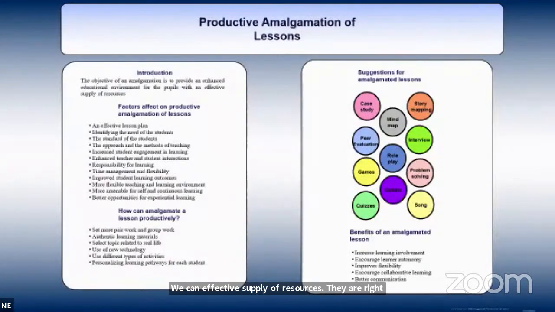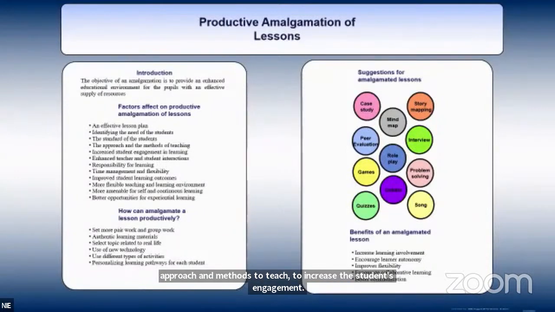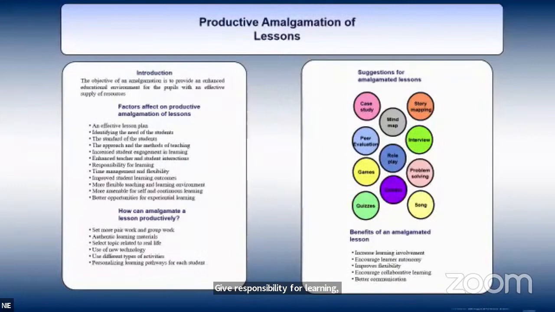There are factors affecting productive amalgamation of lessons. It's important to have an effective lesson plan identifying the students' standards and needs. Then you have to select better approaches and methods to teach. To increase the students' engagement, give responsibility for learning; time management and flexibility is a must.